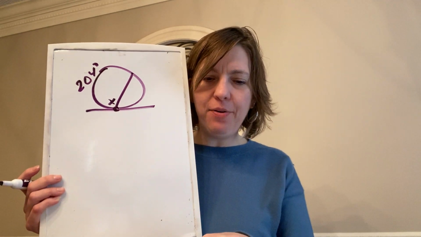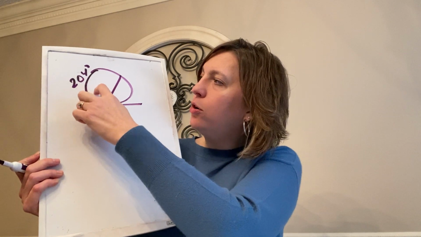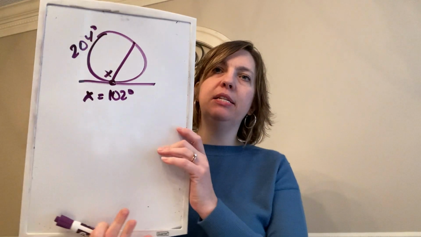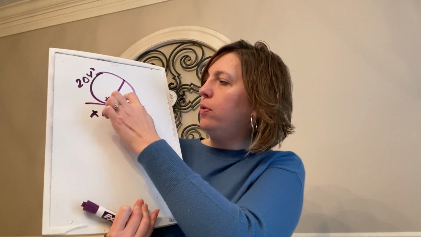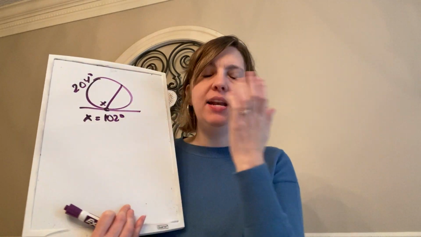How do I figure that out? Well, that whole arc is 204, so this angle would be half of that. What is half of 204? X equals 102 degrees. That seems reasonable, because then this other one would have to be 78 degrees because it makes a straight line. A tangent is a straight line, and it would have to be 180 degrees.